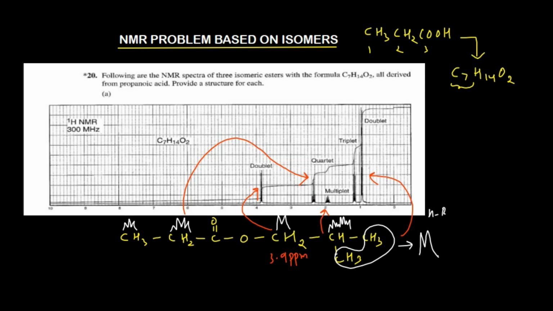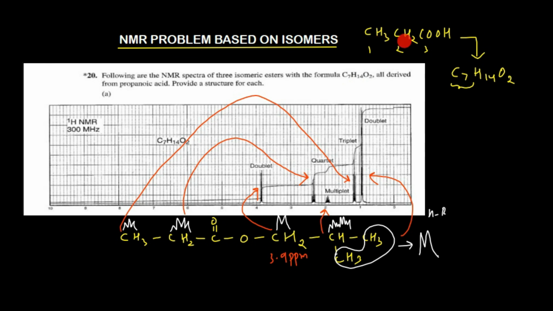And you are left with this particular triplet, and that triplet belongs to this particular structure. These kinds of problems are very easy if you want to solve them logically. The very important observation already given in the question is that they are the ester isomers of propanoic acid.